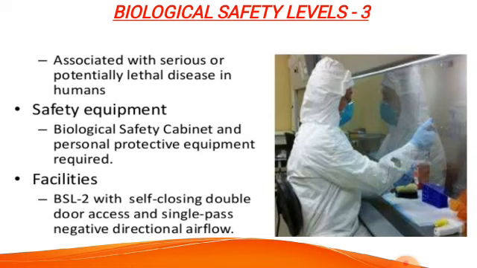Then BSL 3, biological safety level 3, deals with serious or potentially lethal disease in humans. These are the microbes that cause a lethal disease in humans. So we need a biological safety cabinet and personal protective equipment.